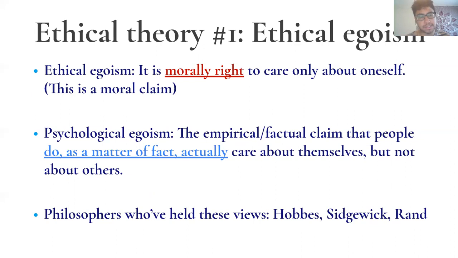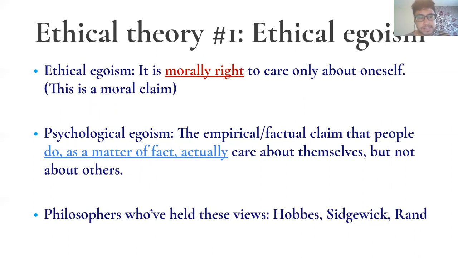So some psychologists, some economists, and other social scientists believe that as a matter of fact, they make the empirical or the factual claim that people do actually only care about themselves or primarily about themselves, but not others. You might think of the famous saying that you always have to look out for number one. That view just expresses the idea that we have to look out for number one, which is always self.